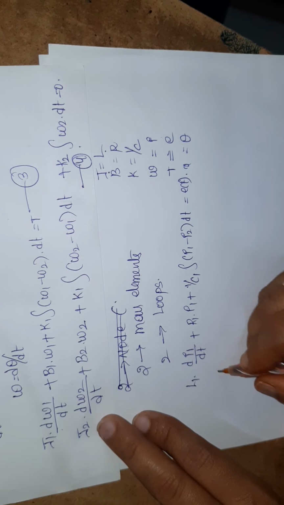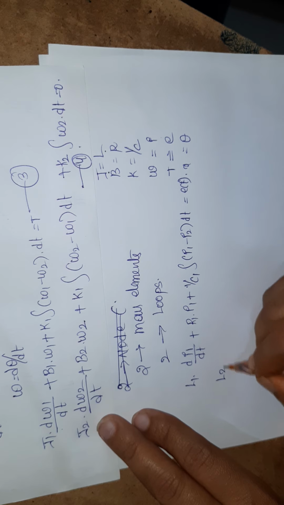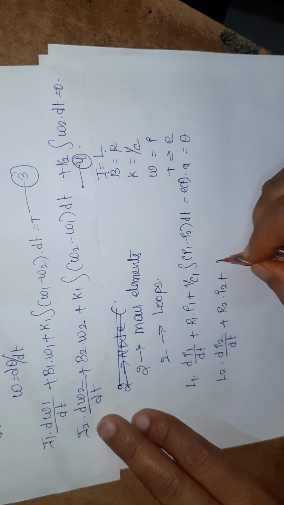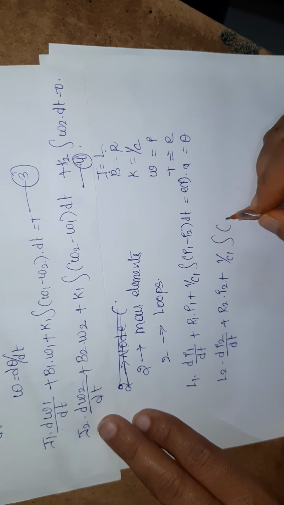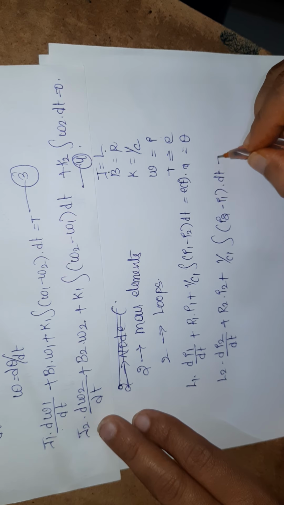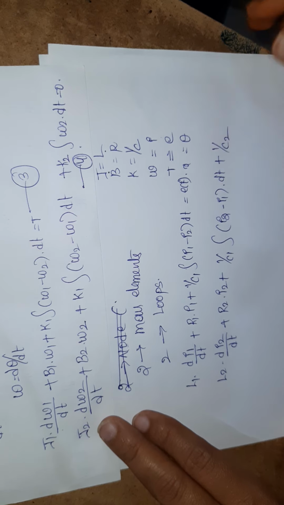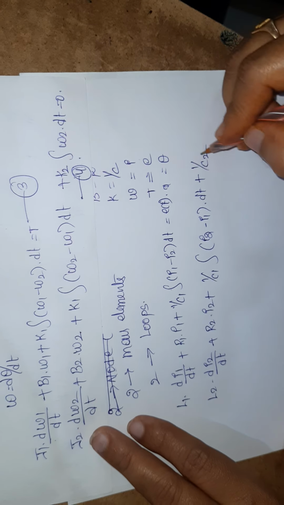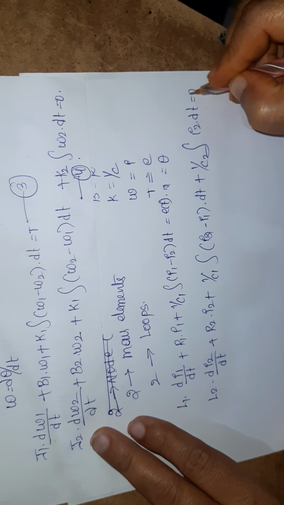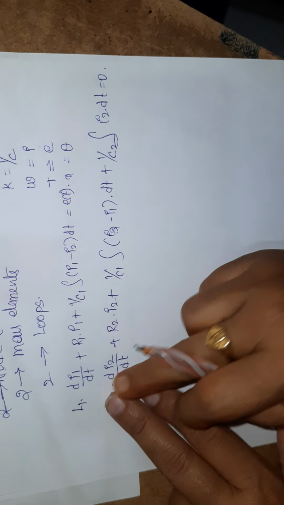Okay, similarly this one, L2 dI2 by dt plus R2 I2 plus 1 by C1 integration of I2 minus I1 into dt plus 1 by C2 integration of I2 into dt equal to 0. Now draw the diagram.